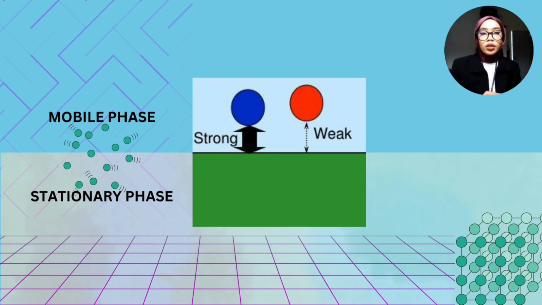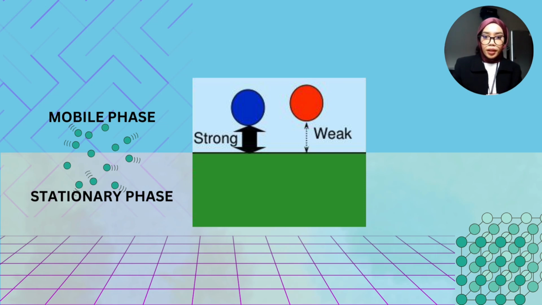Next, we go to the mobile phase and stationary phase. The mobile phase is a liquid solvent or a combination of solvents that flow through the column. It carries the analytes and facilitates their movement. Selection of the mobile phase depends on the analyte's properties, and it can be either polar or non-polar.